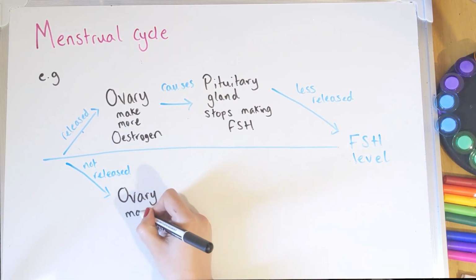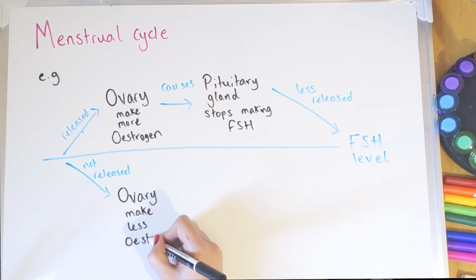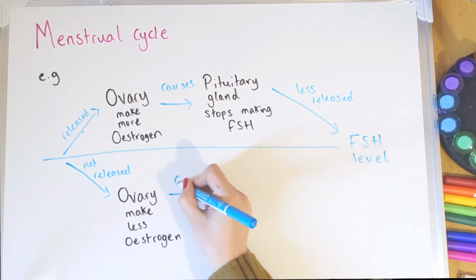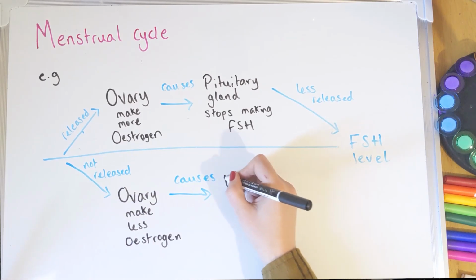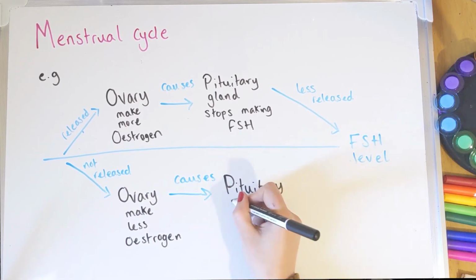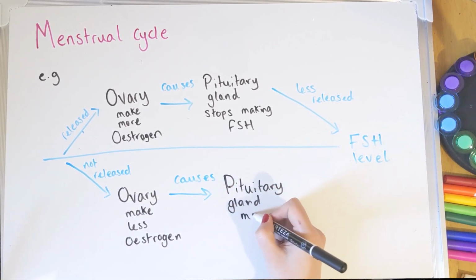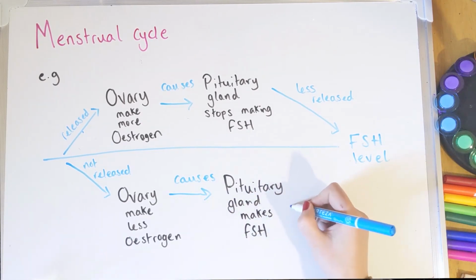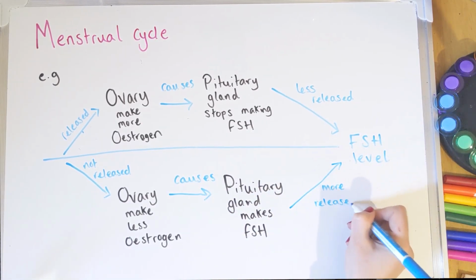So this will cause the pituitary gland to not detect an increase in estrogen, so it won't make FSH, and that will then cause the pituitary gland to detect those lower levels and start making FSH again, so more is released and the level goes up.